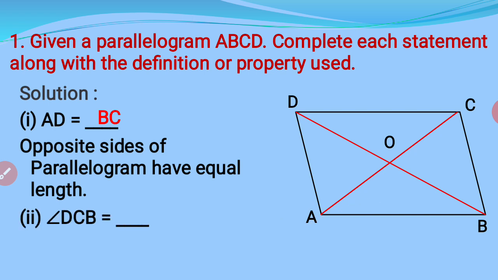The next one, angle DCB is equal to, so we can easily identify that angle DCB is equal to angle DAB. The reason is opposite angles of a parallelogram are equal.